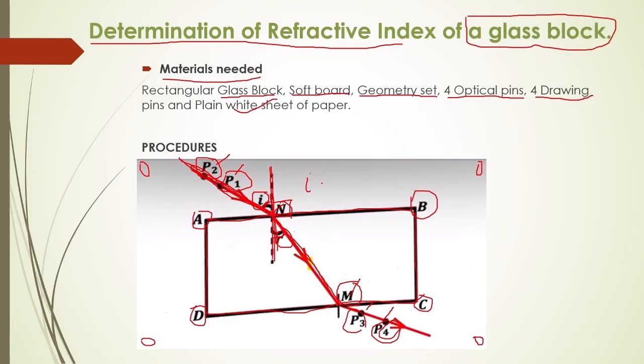Then after varying the angle I and measuring the angle R, you tabulate the results, including the sine of the angle of incidence and the sine of the angle of refraction.